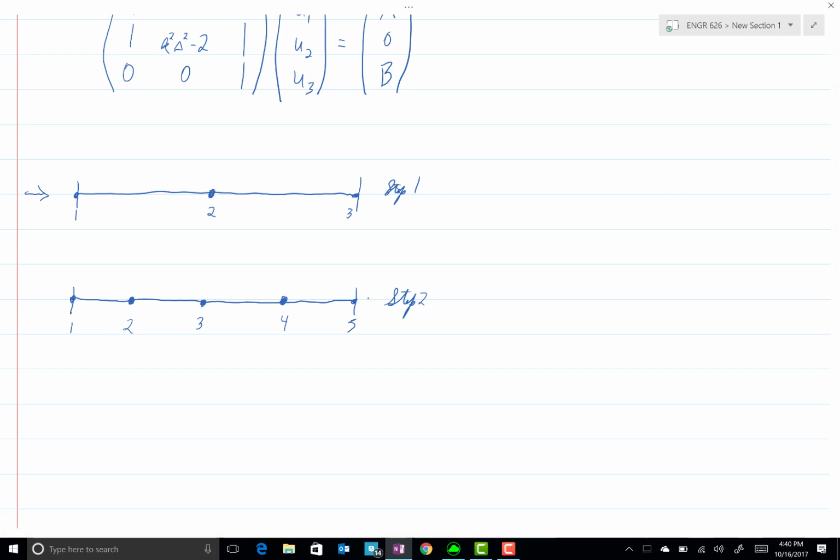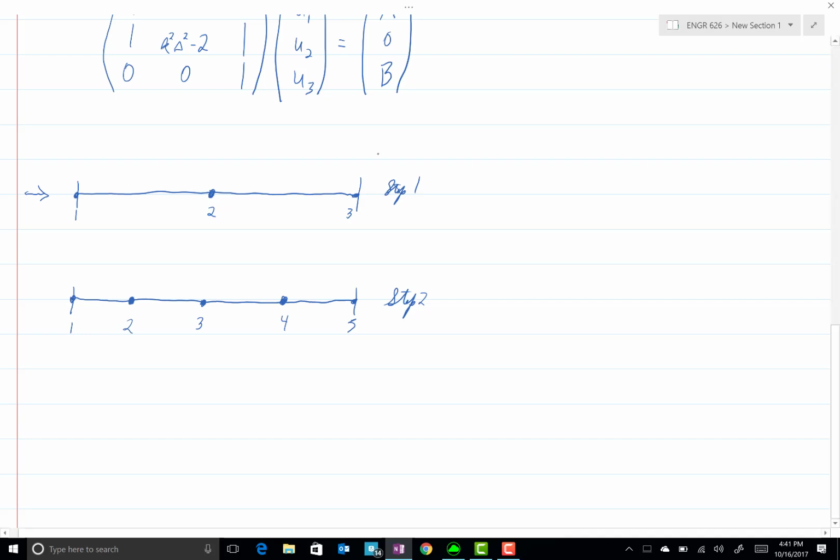Now, we don't need to try to get a more accurate solution. When we're looking here at step 1, we don't need to try to get a more accurate solution at node 1 because we have the exact value there. That's the boundary condition. And likewise, we don't need to try to get a more accurate solution at node 3. It's also a boundary condition.